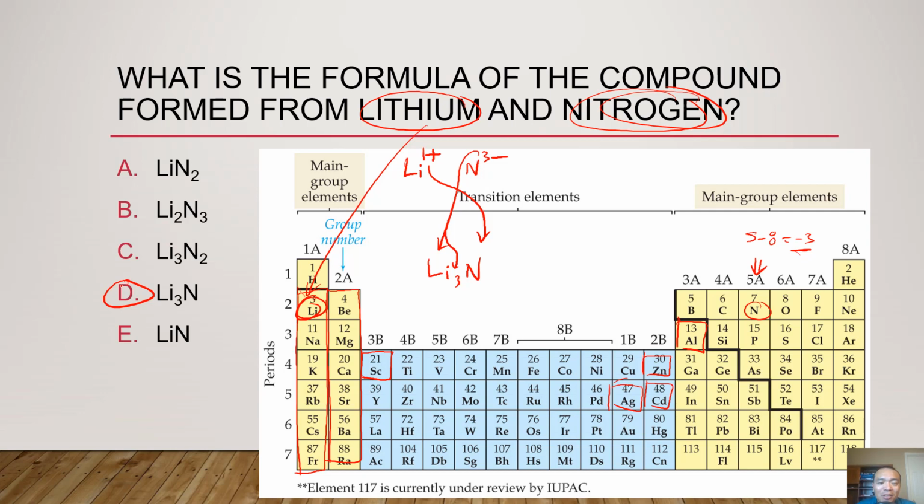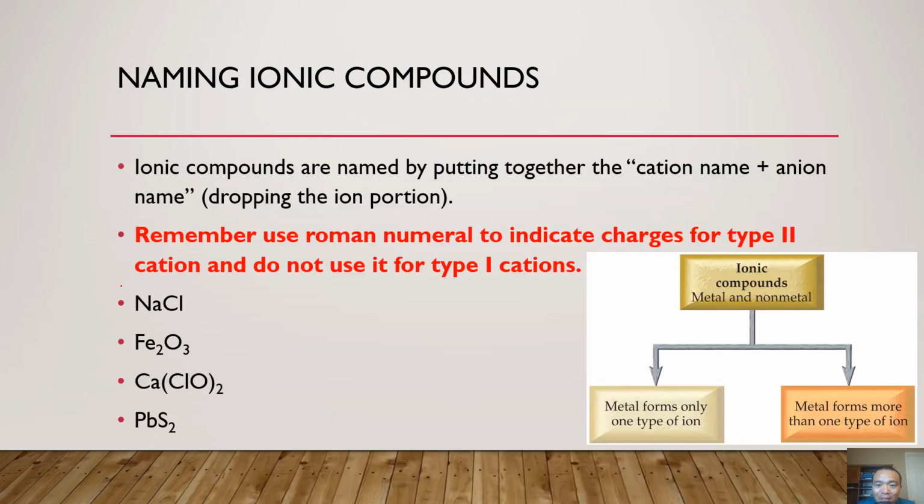And you must make sure you understand how to name a cation and anion, so you know how to name an ionic compound. Because an ionic compound is composed of a cation and anion. So to name the ionic compound, you simply name the cation and name the anion. Then you put it together after dropping the ion portion.